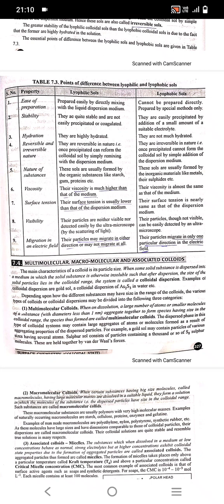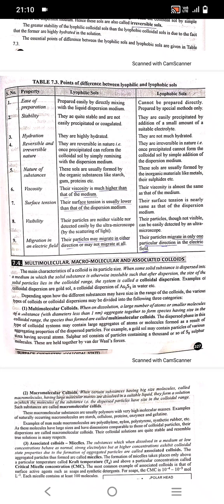Lyophobic sols cannot be prepared directly; they are prepared by special methods only. They are easily precipitated by adding a small amount of a suitable electrolyte. They are not much hydrated. They are irreversible in nature. Once precipitated, they cannot form the colloidal sol by simple addition of the dispersion medium.